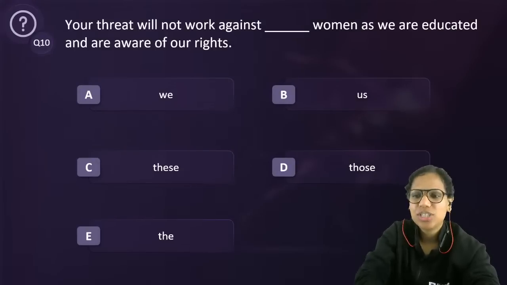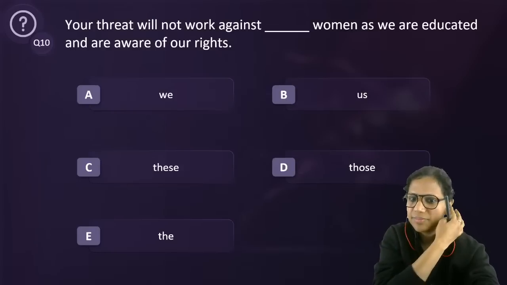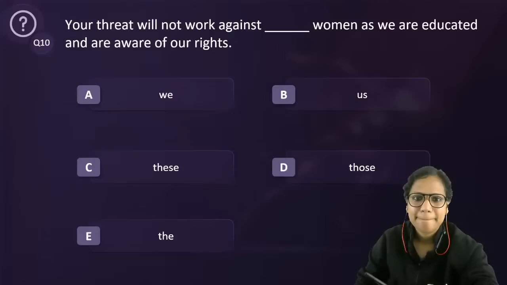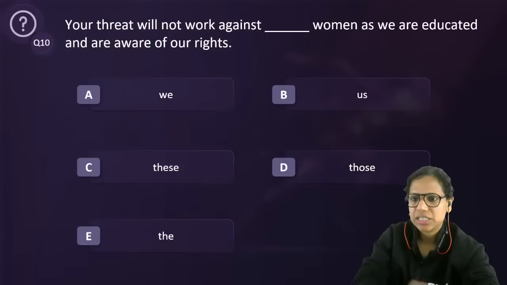Question 10. What do you say? Your threat will not work against dash women as we are educated and are aware of our rights.